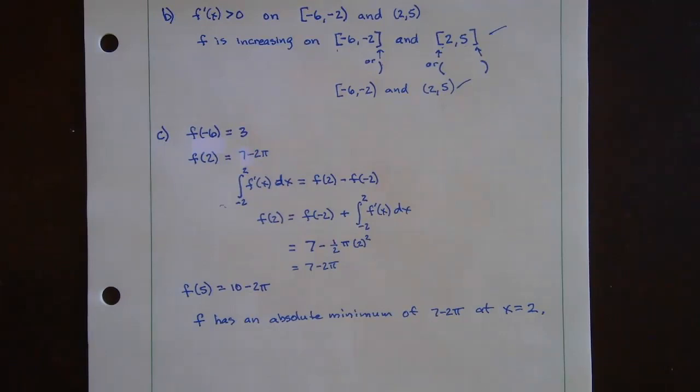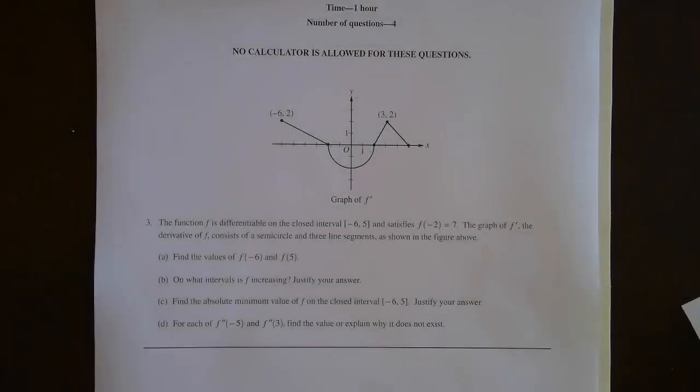All right, let's go to D, okay. So for part D, it says for each of f double prime at -5 and f double prime of 3, find the value or explain why it does not exist, okay. So we're given the graph of f prime. So f double prime is the derivative or the slopes from the graph of f prime, right?